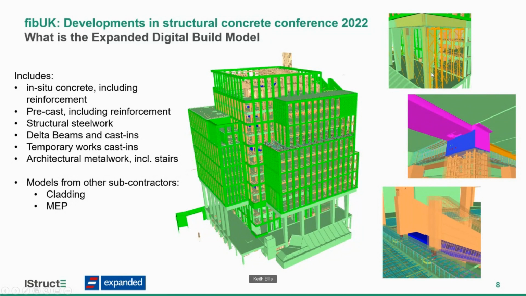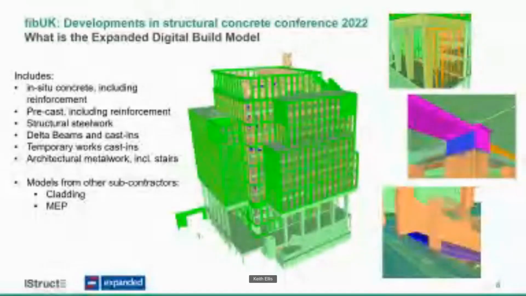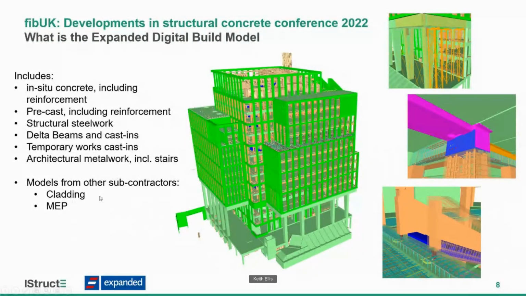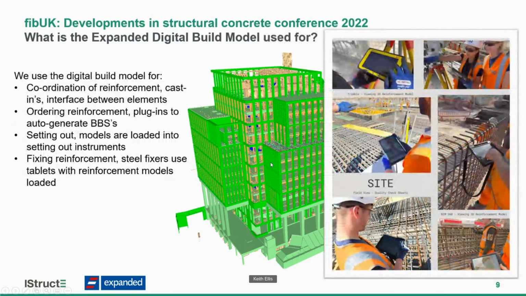So we've got all the steelwork modelled inside the concrete, including temporary works, etc. And we also brought in the other subcontractors on the project, the cladding and MEP, so we can make sure we're getting any castings and voids set in the right place.